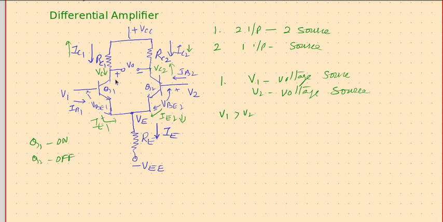So when this is on, we get VC1 at minimum. VC1 is VC saturation, and VC2 will be VCC. So we get a higher voltage here, we get a lower voltage here.